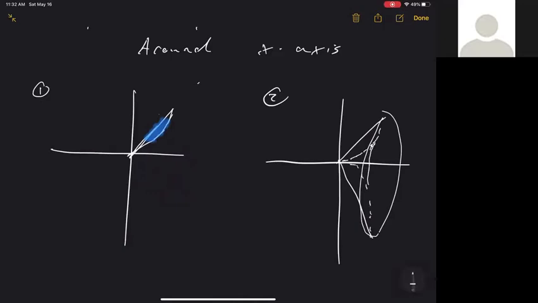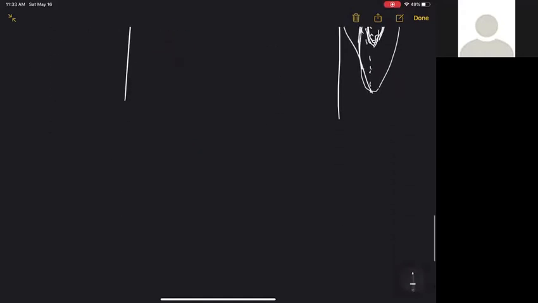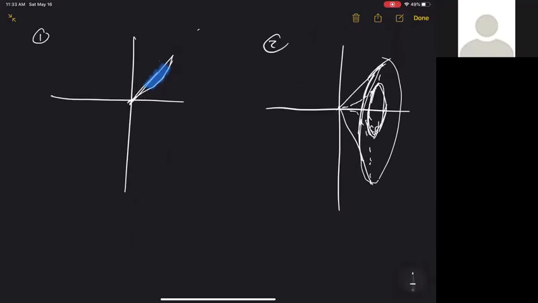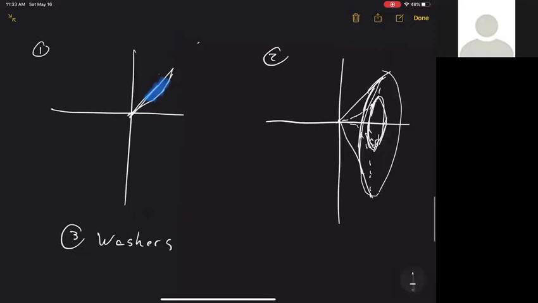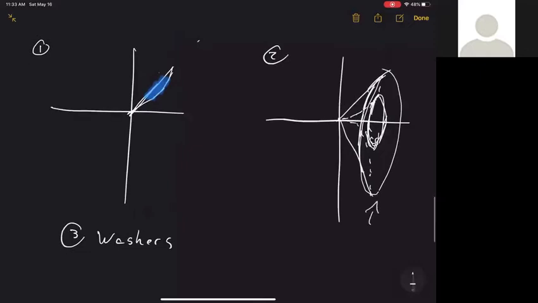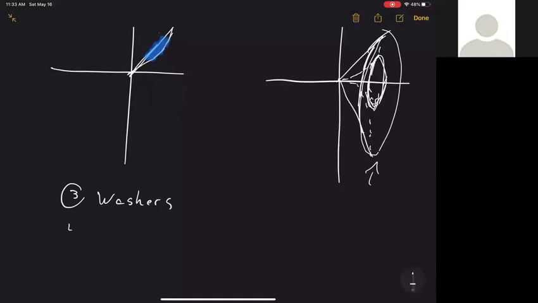So my cross sections are going to be washers, right? So maybe just by looking at the object, I can do step 3. I can determine that these cross sections are going to be washers.